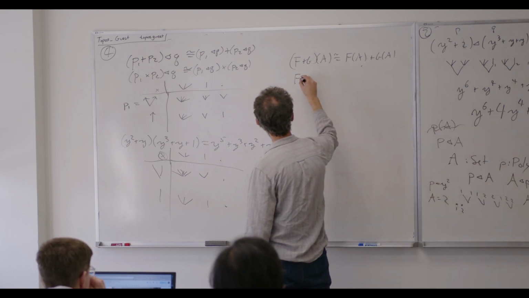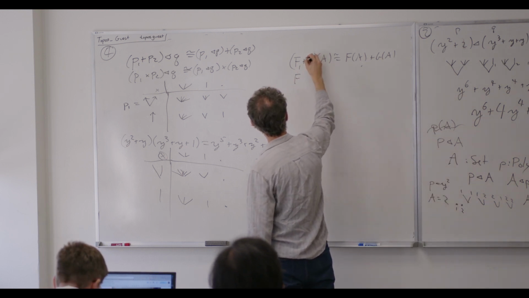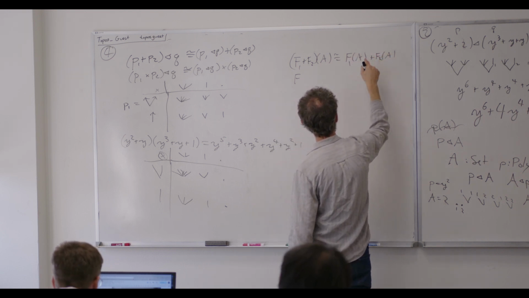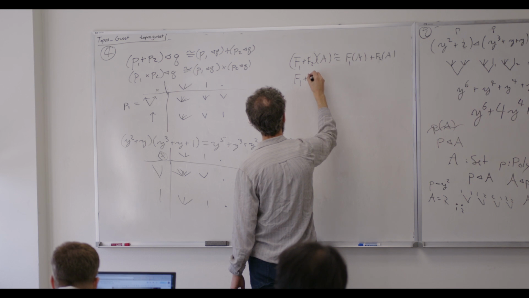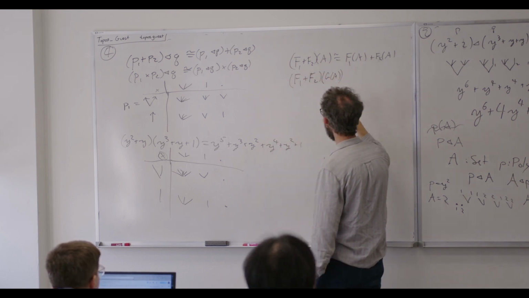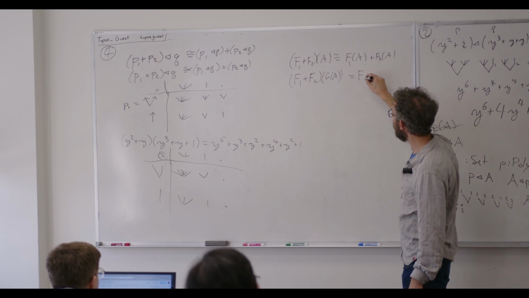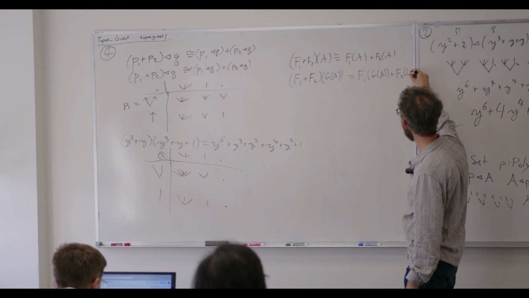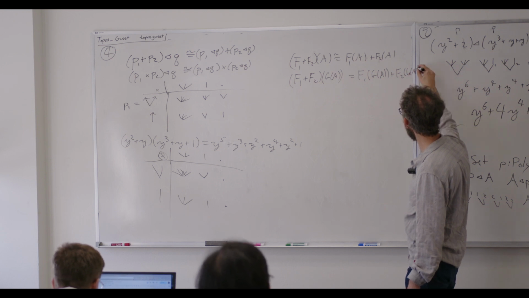Well, if somebody told you, let's replace that G with an F2. If somebody told you that A happened to be G of something, and they said, oh no, I've got a much more complicated situation for you, it's actually G of something. Well, that wouldn't be scary at all. Just because it's G of something doesn't mean we're going to treat it differently.